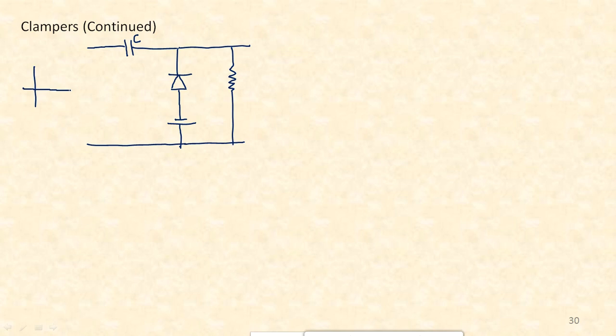Let the input be the same, a square pulse with the same voltage levels, Vi plus 5 and minus 5. Let the diode be silicon, the battery strength again the same 2 volts, and RL the load resistor, with the output always across the load resistor RL.